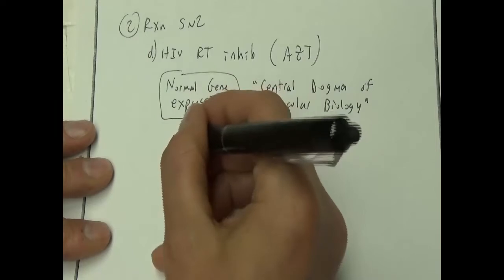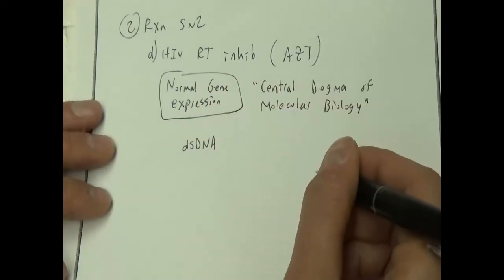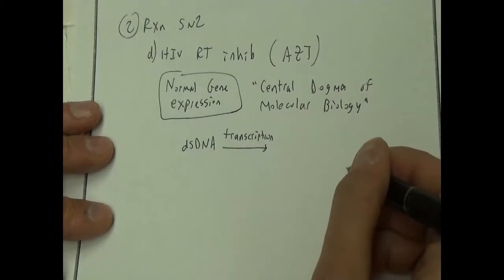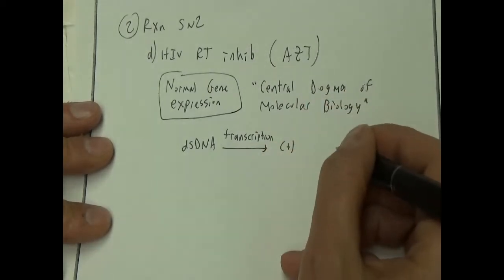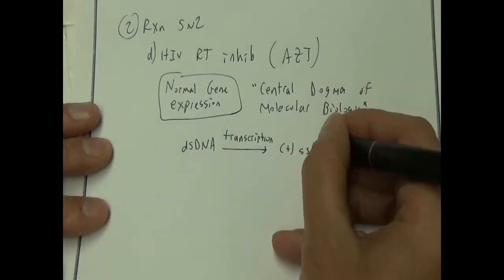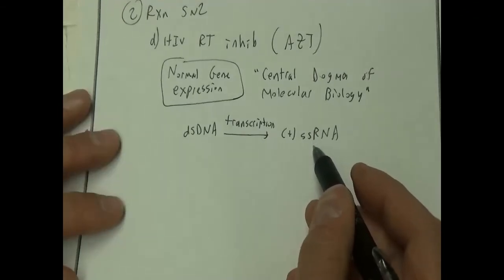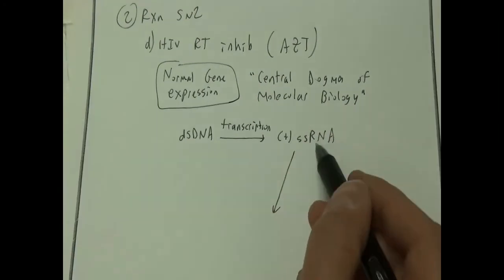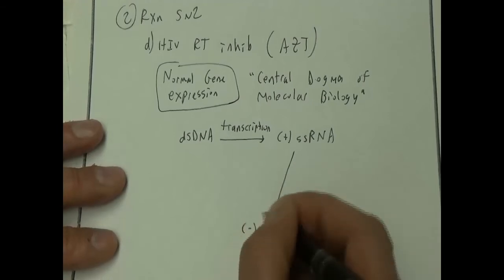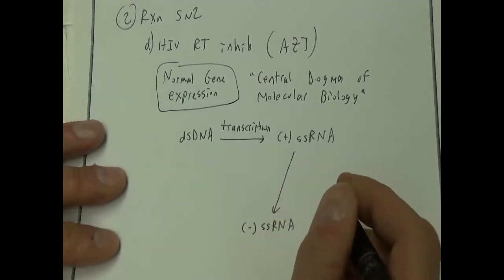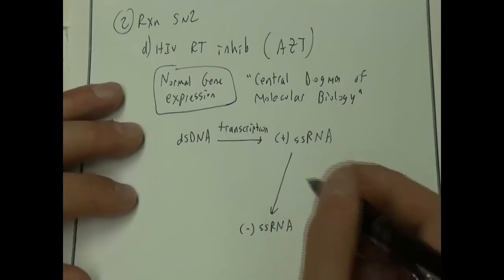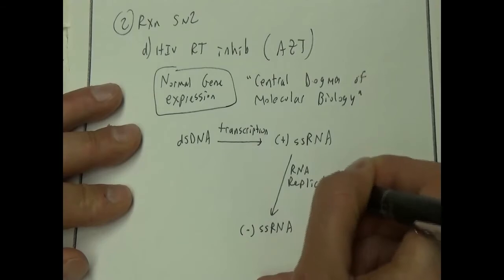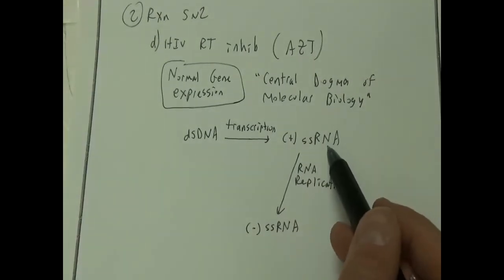But the idea is that you would have double-stranded DNA reacting in transcription to positive sense single-stranded RNA. So DNA goes to RNA. There is a reaction that converts one sense of a strand of RNA to the opposite sense, ssRNA, so it's basically a replication process, and that's RNA replication, and that is a polymerase.